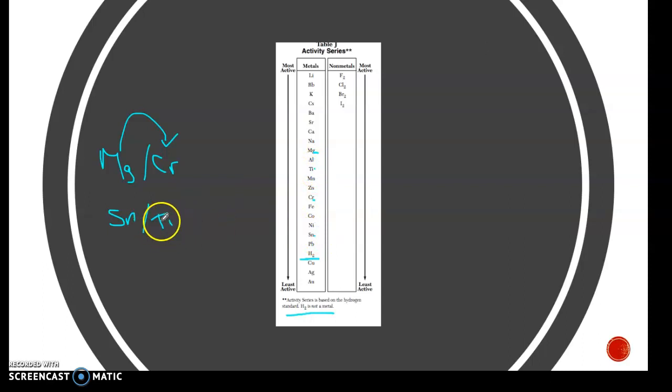Because Ti is more active than Sn, Sn cannot replace it, meaning this is no reaction. A no reaction is also a non-spontaneous reaction. And this one is spontaneous.